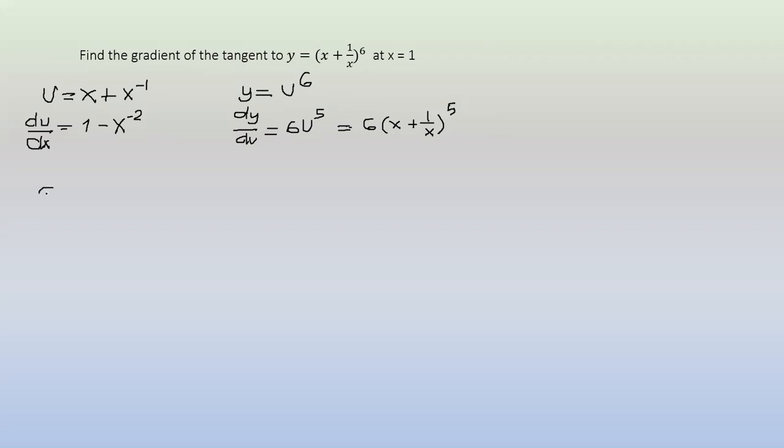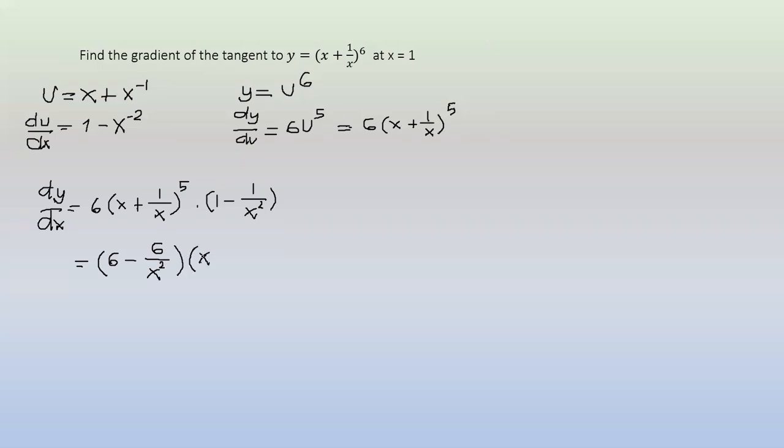Okay, now dy/dx equals dy/du times du/dx, means 6 times (x plus 1/x) to the power 5 times (1 minus 1/x squared). 6 times 1 minus 6/x squared times (x plus 1/x) to the power 5.